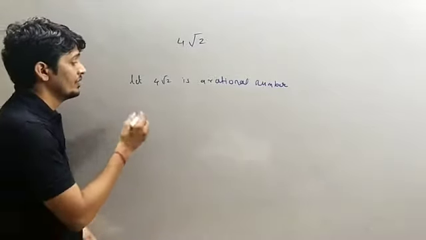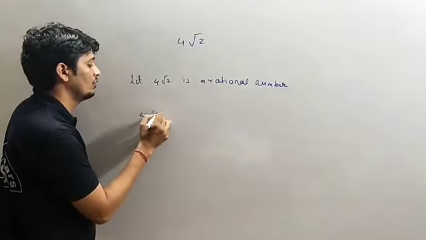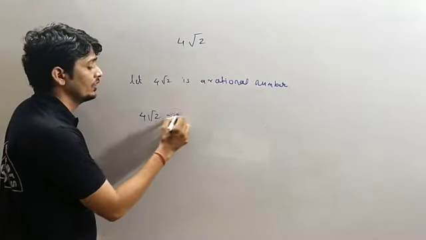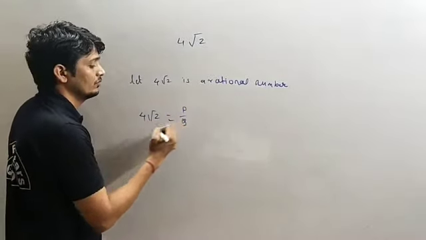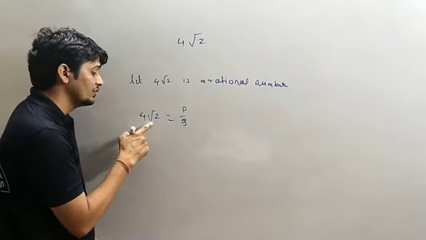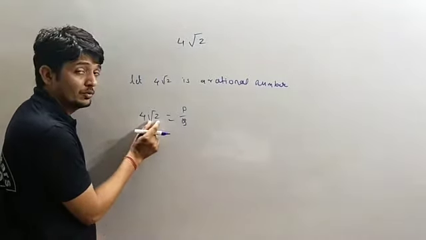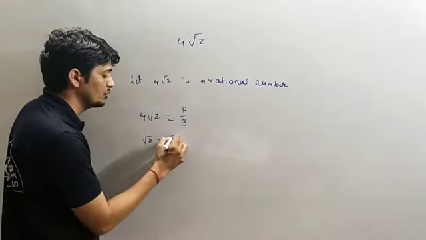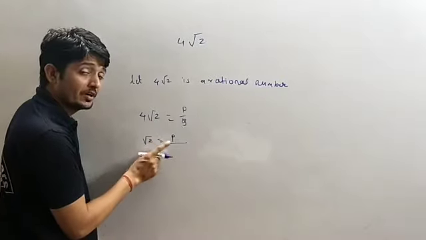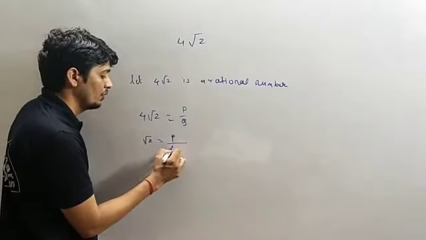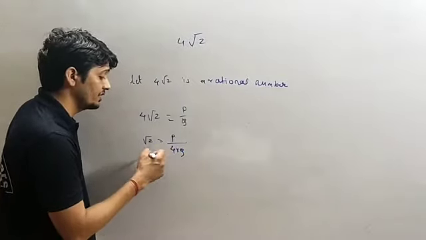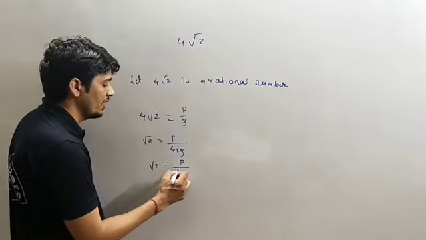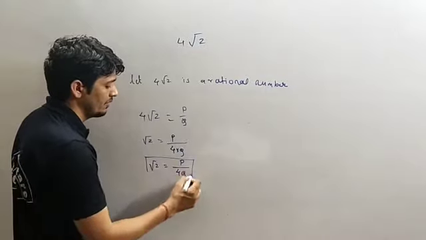So we have considered 4 root 2 as a rational number. So 4 root 2 equals p by q. We have to calculate the value of root 2, so we transfer the 4 to the other side. Multiplication becomes division, so root 2 equals p divided by 4q.